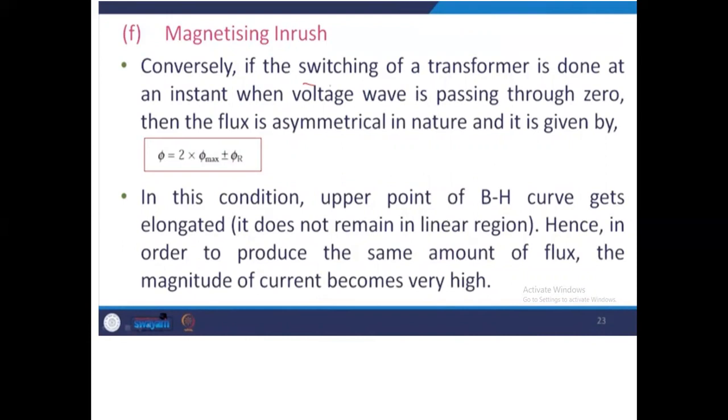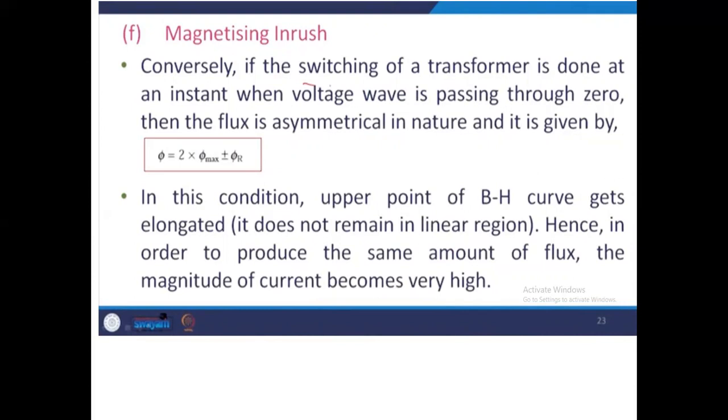Conversely, if the switching of the transformer is done when the supply voltage is passing through its zero value, then the flux established is asymmetrical in nature, and is given by the same equation.